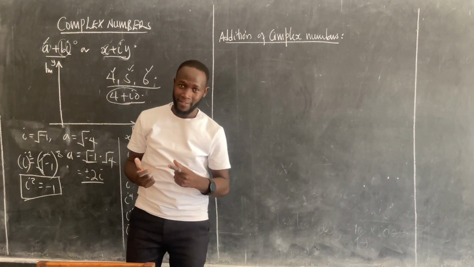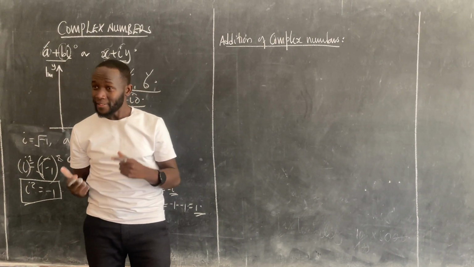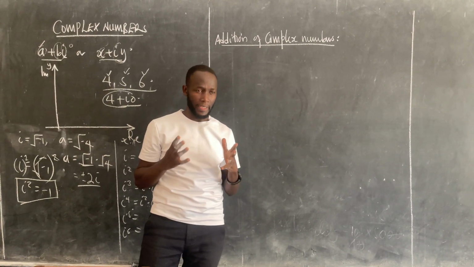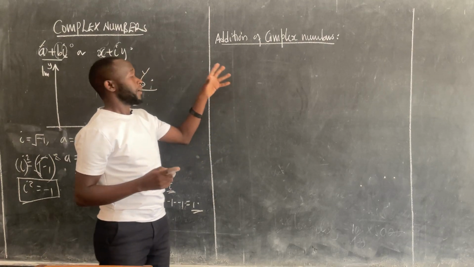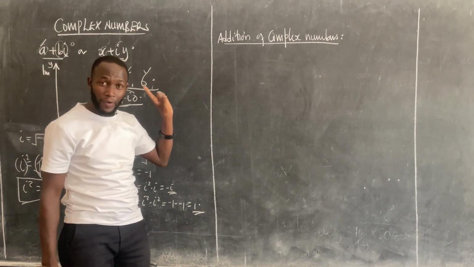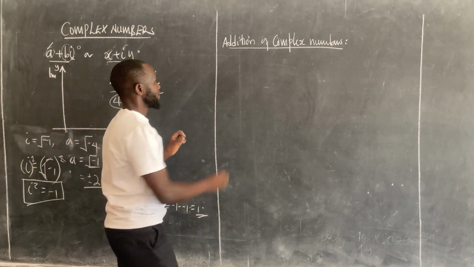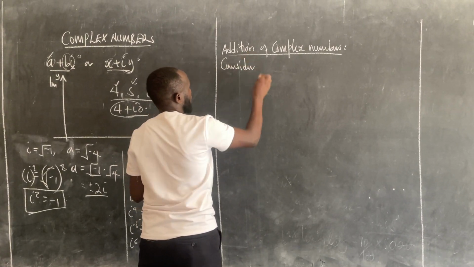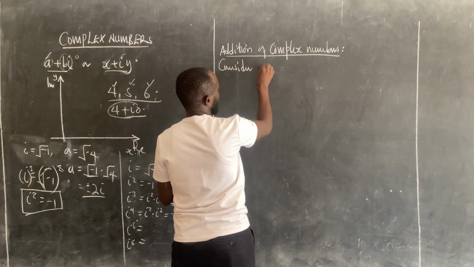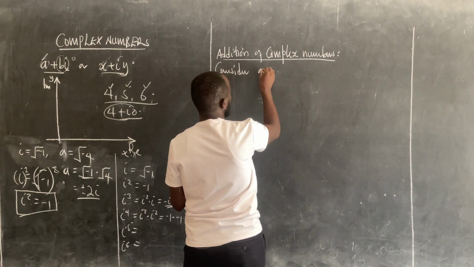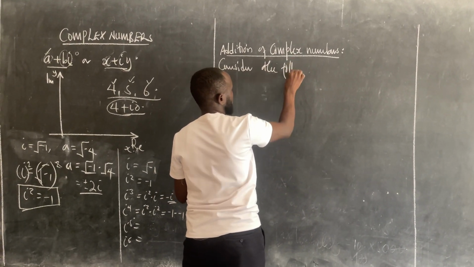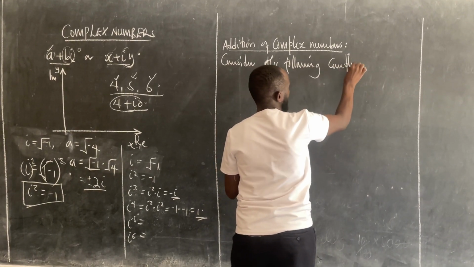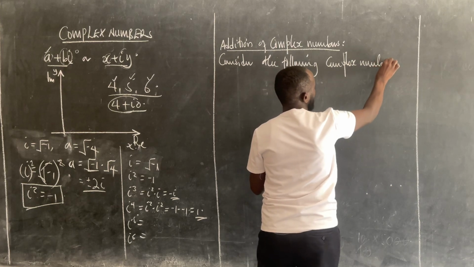My brothers and sisters, as we are adding these complex numbers, what we practically do is like what you do in vectors. You remember what you did in vectors? Consider the following complex numbers.